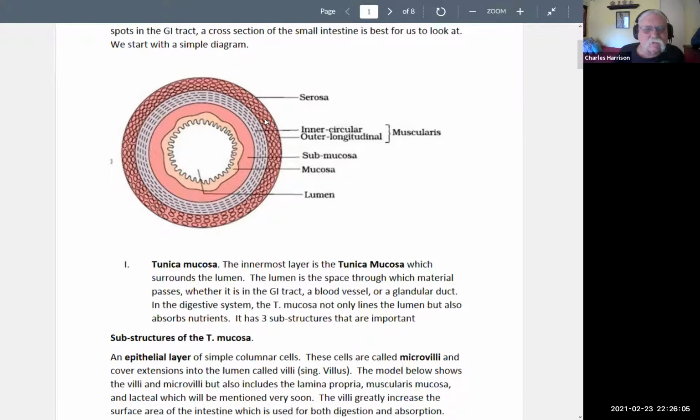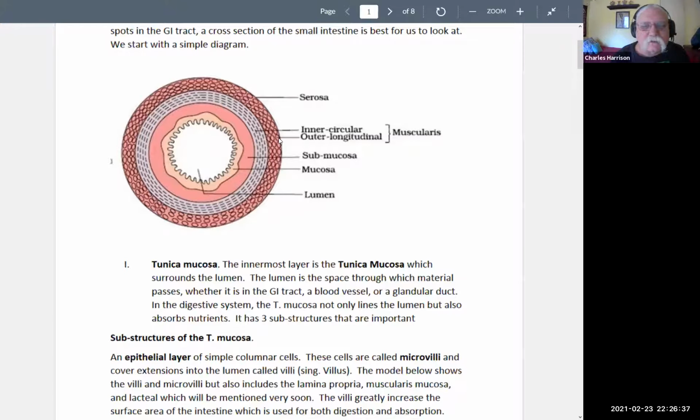They show it in a different color and a different posture of the muscle fibers. They shorten the GI tract. The shortening effect of the outer layer and the crimping effect of the inner layer really helps to move the contents forward.